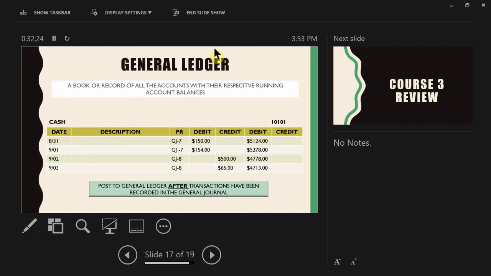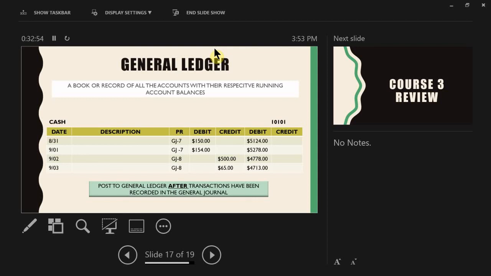I increased my cash on September 1st by $154. Therefore, my balance is now 5,278. Then on September 2nd, I made a purchase of a rent expense for $500. So therefore, I decreased my account, but I still have $4,000 left in my account. And then so on and so forth.